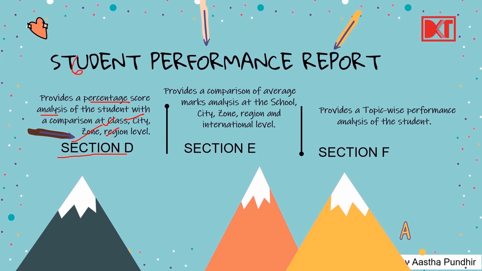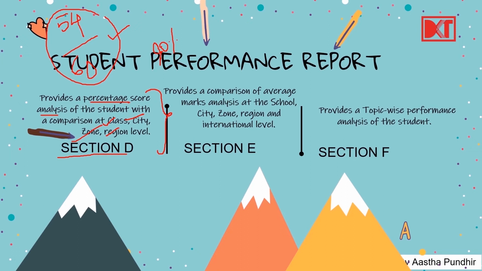Alright, now percentage score how? Your question paper is of 60 marks. Now out of 60, if you have achieved 54, now 54 is 90%. Right, so this 90 percentage score will be compared with the class level, city level, your average class percentage, etc. This is another criteria for comparison that is provided.